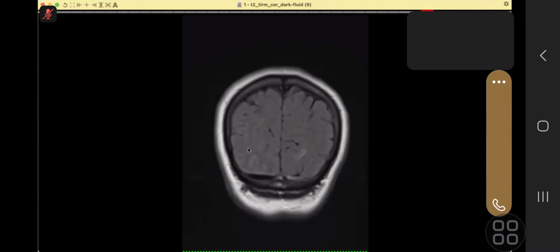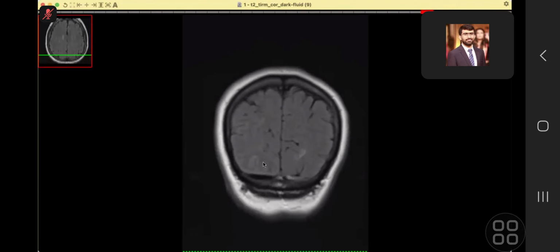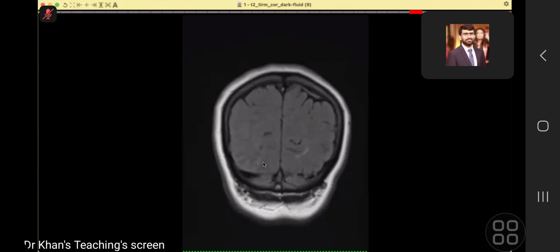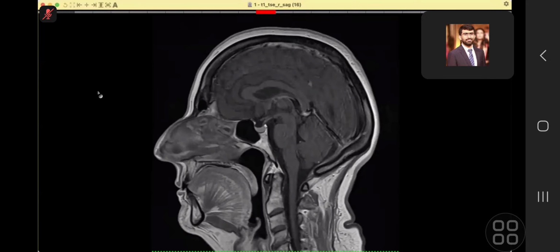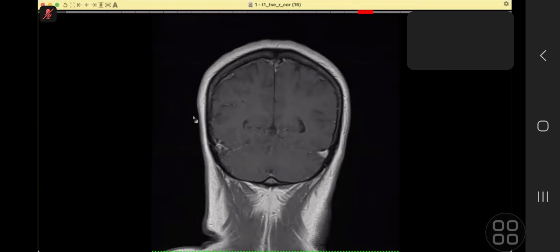And what do you think? What will you do next? As you told that diffusion weighted is normal, I would go for the contrast enhanced T1 weighted sequence. Post contrast, over to you.